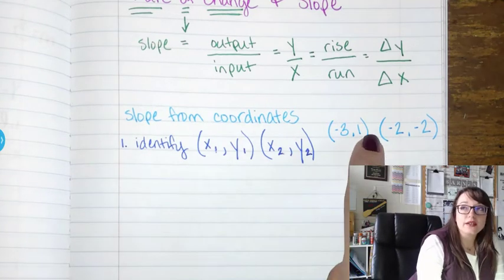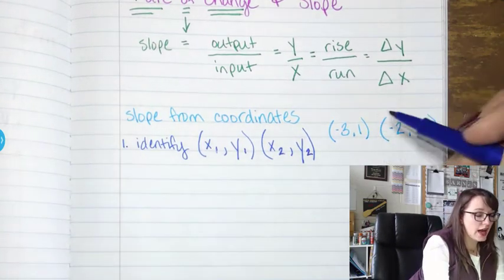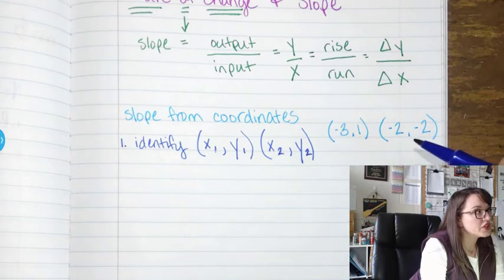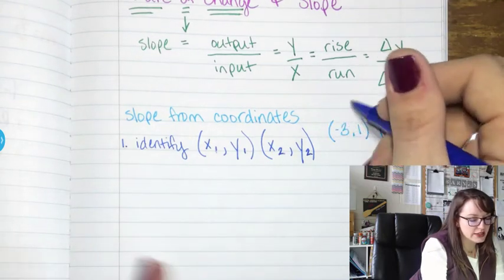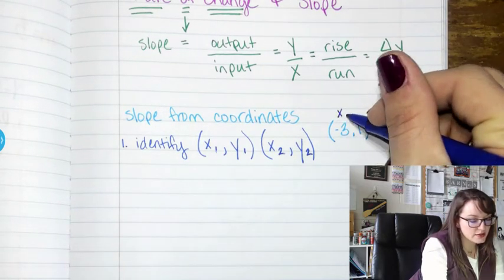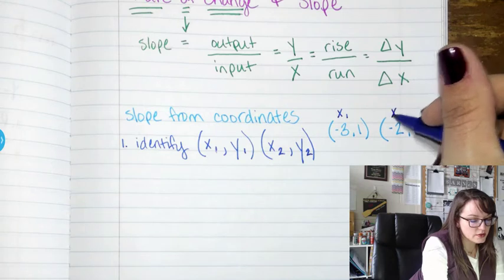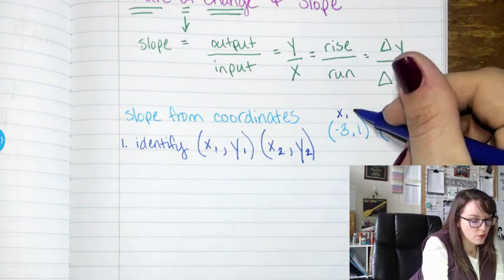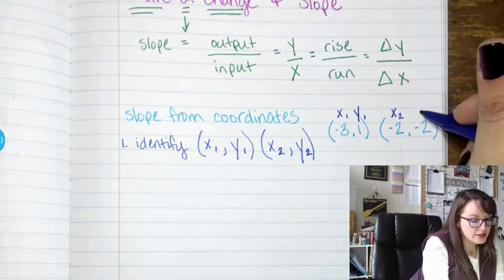So if I look over here, I'm just going to go in order. It really doesn't matter. So this is going to be x1, x2. This is going to be y1, and this is going to be y2.